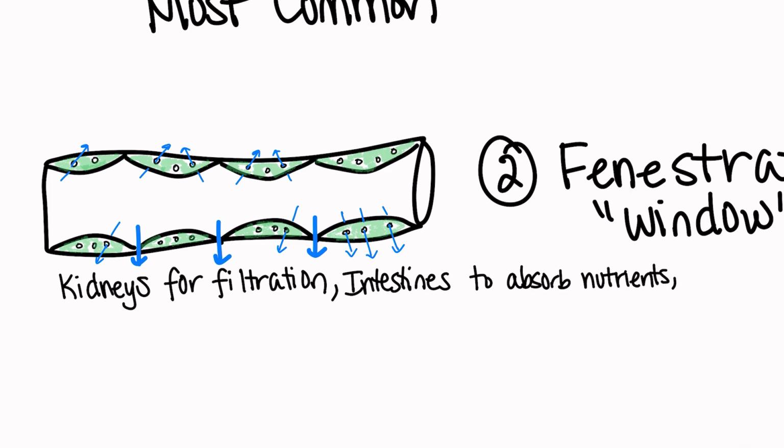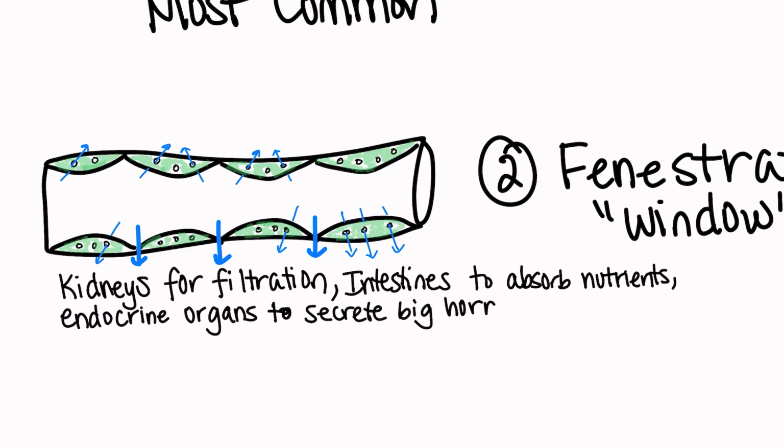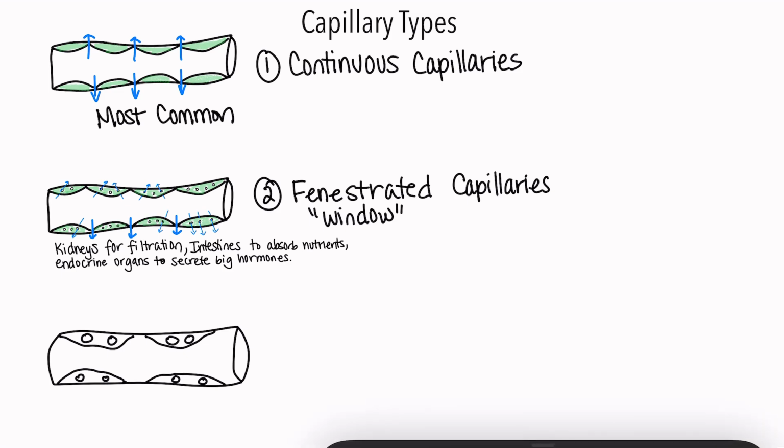And also in the endocrine organs, so that they can secrete big hormones out there. Like big protein hormones. Now, if you thought that was impressive, next we come to the sinusoidal capillaries.